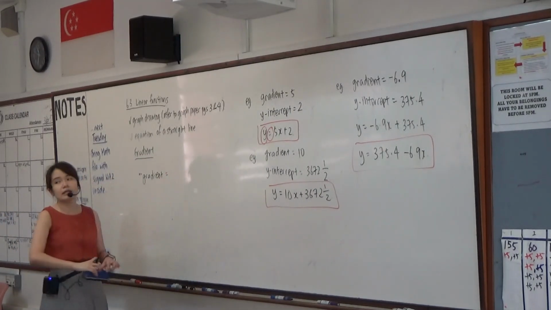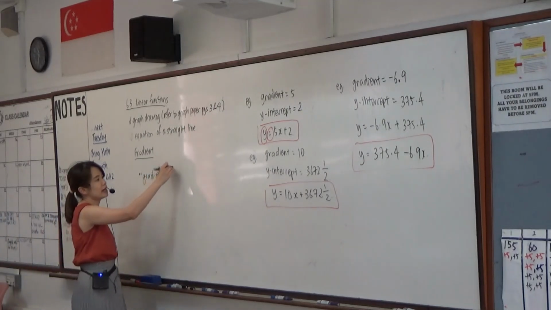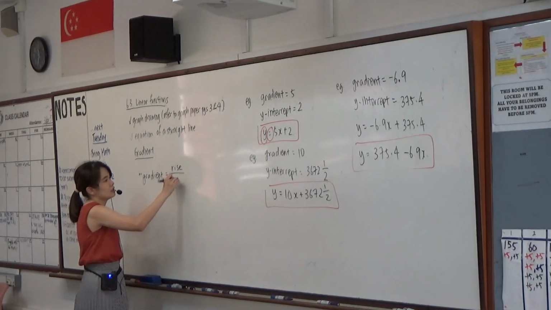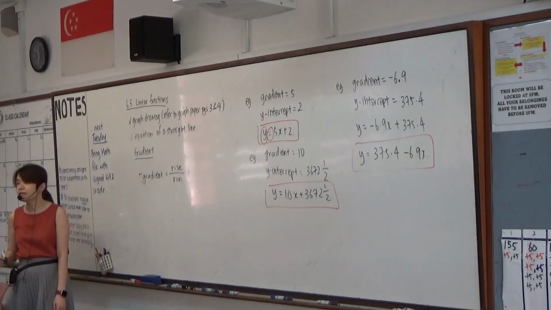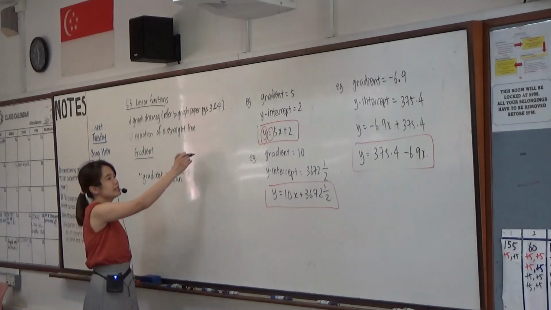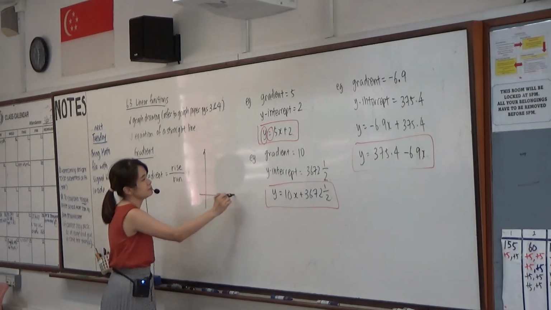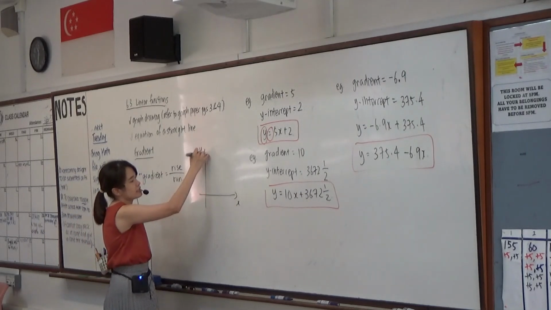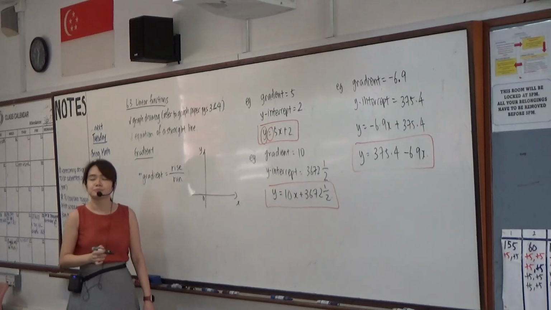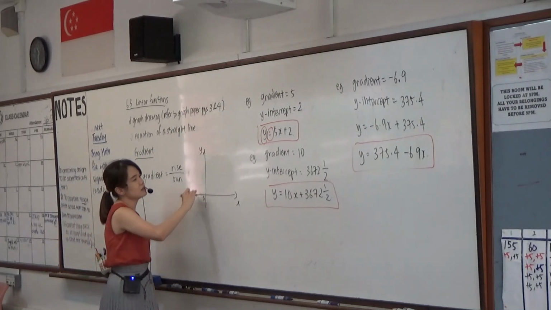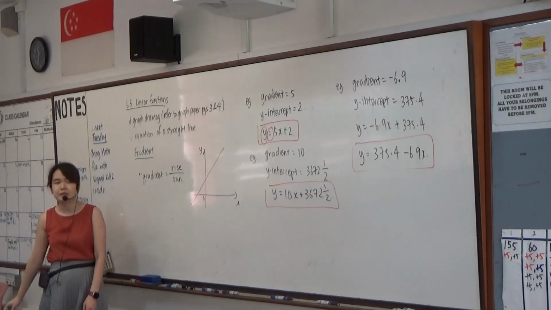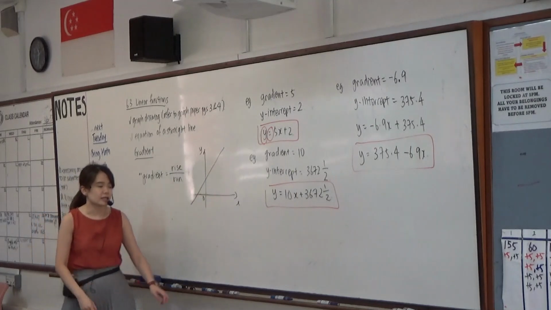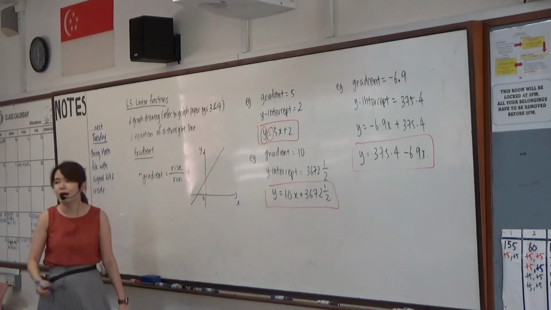We learn that gradient works with the formula of rise over run. What is rise and what is run? So when we're given a graph itself, with the axes x and y and 0, if I have a graph that looks like this, what exactly is rise and what exactly is run?